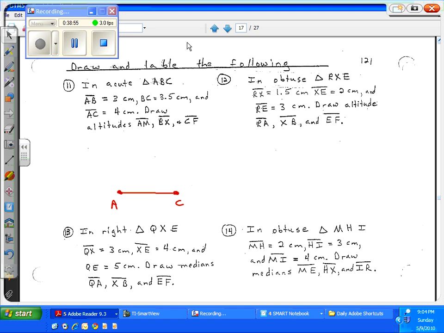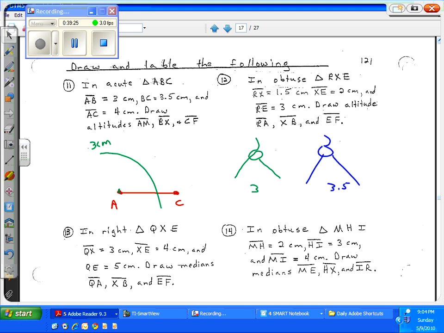And then I would open up my compass to 3 centimeters. And I would put the pointy part on A. And I would make an arc across 3 centimeters. And then I would open up my compass to 3.5 centimeters.